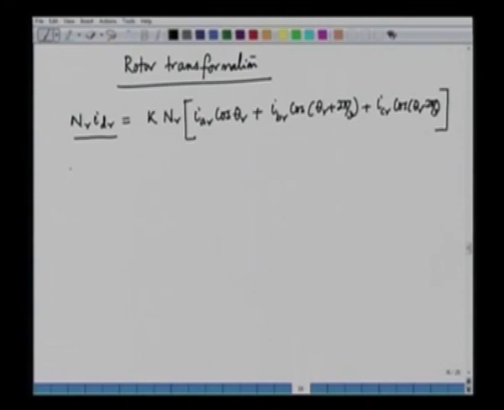Similarly, in the Q axis, some constant k NR, IAR sin theta r. Here the cos will be replaced by sin.